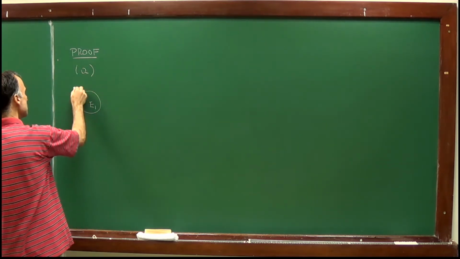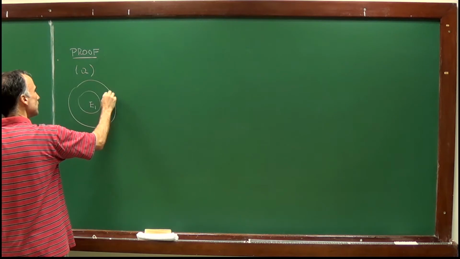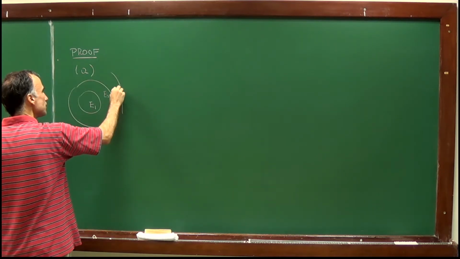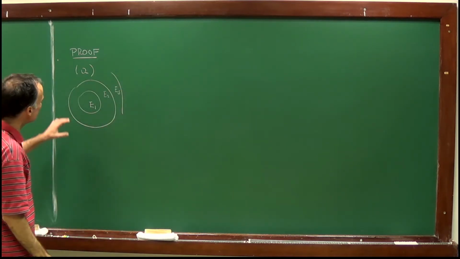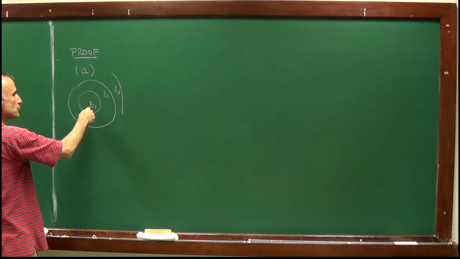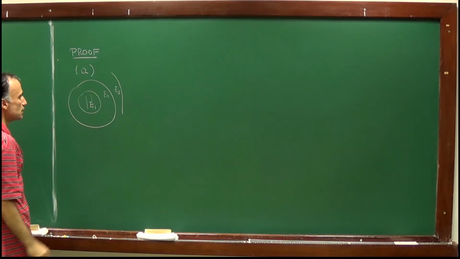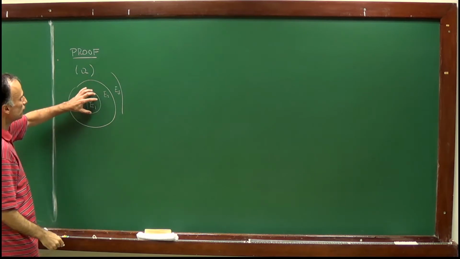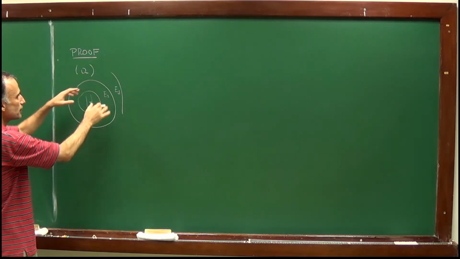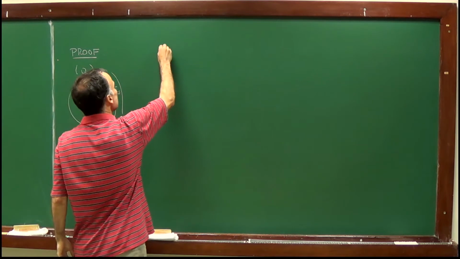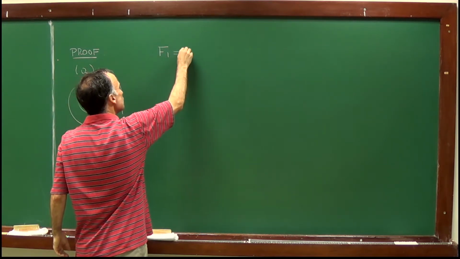We have a sequence E1, E2, and so on, which is increasing. So the idea was to define a new sequence of disjoint sets to use the sigma additivity. So here will be the first set, then the annulus will be the second set, and so on. So we'll define a new sequence, F1, which is E1.